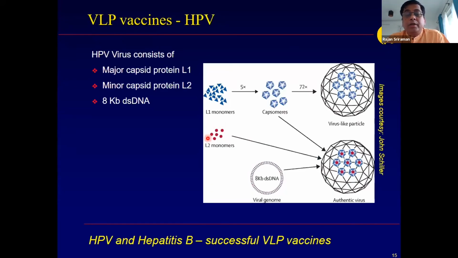Yeah. So the very important feature here is if you have a virus-like particle consisting of L1 alone in HPV, in absence of the L2 monomer also, it can encapsulate the 8 kilobase genome. It does not recognize whether this is a HPV genome or a simple 8 kilobase plasmid, which is an interesting feature, which means you can use this as a delivery vehicle as well.